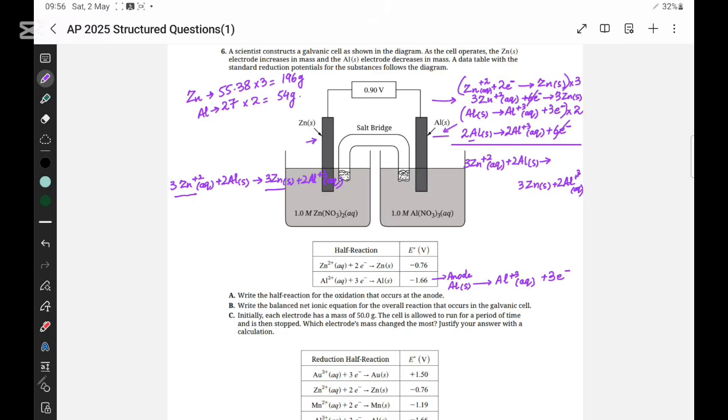If they are asking which is going to have the greatest electrode mass change, we can say it is going to be zinc. And why is it zinc? Because zinc experiences greater change in mass as the reaction proceeds. 3 moles of zinc are used for every 2 moles of aluminium. Therefore, for 196 grams of zinc, 54 grams of aluminium will be consumed.